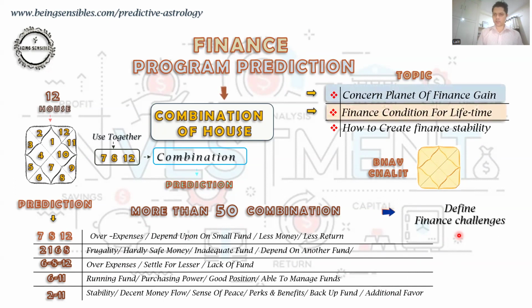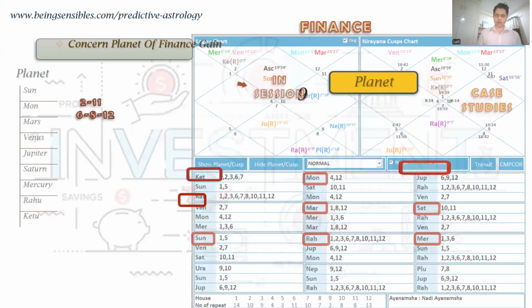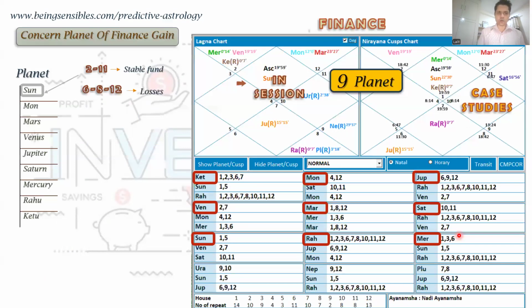Here I'm picking 2 topics to give a demo idea of what you will learn in the session. 2, 11 and 6, 8, 12: 2, 11 has the meaning of stability, and 6, 8, 12 is about losses. For 2, 11, we have to check the Sun.